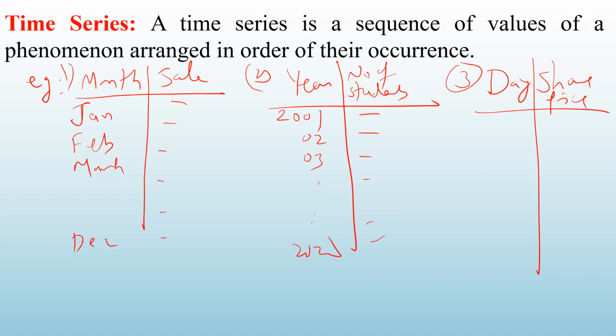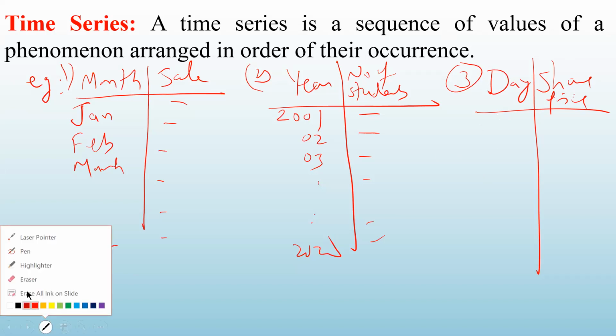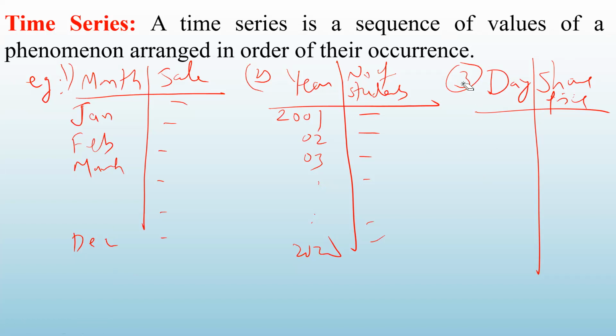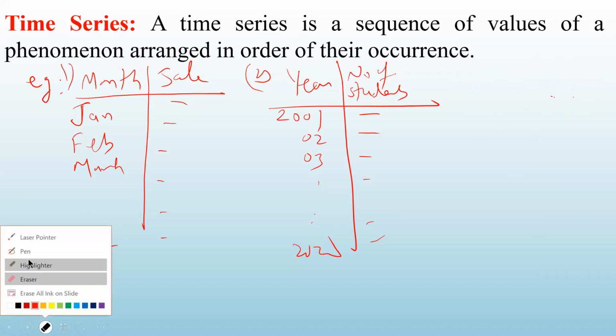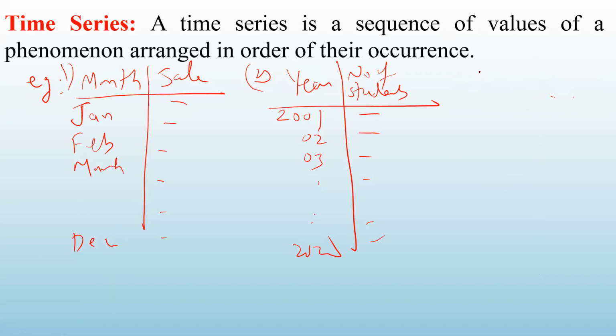Again, you may have another example of a time series where the time is hour. And you may want to see the temperature in Mumbai city.